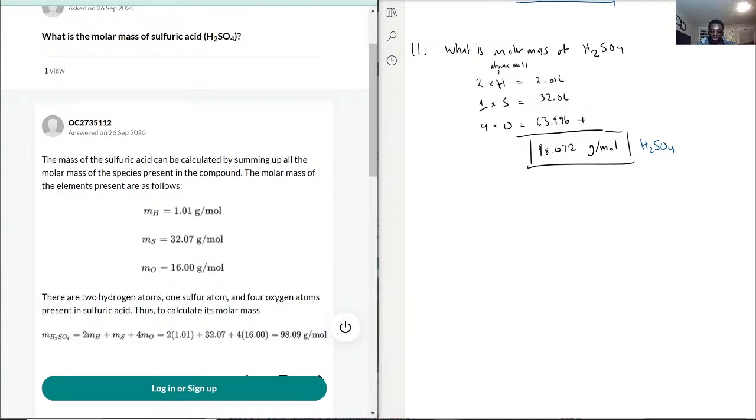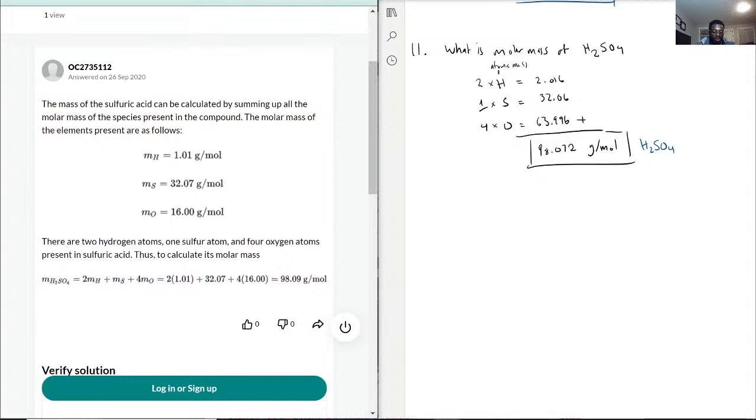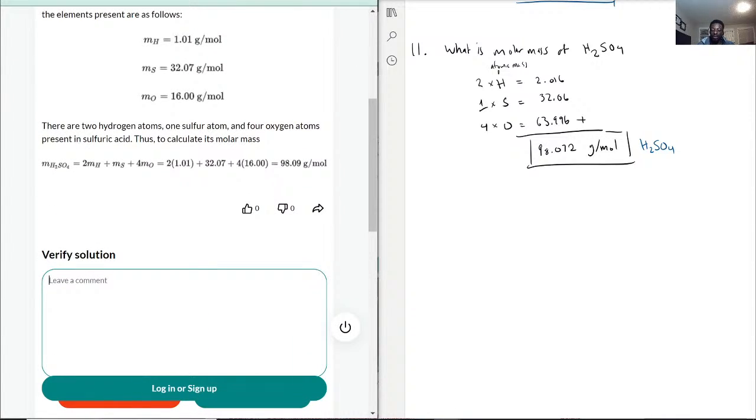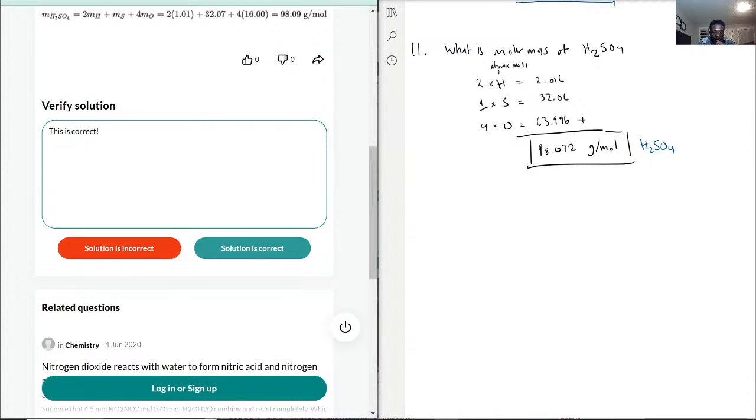Yep, hydrogen, sulfur, oxygen, multiplied by 2, 1, 4, and 98.09. They got a slightly different number because their hydrogen was 1.01, their sulfur was 32.07, and their oxygen was 16.00. So this is correct for question 11.